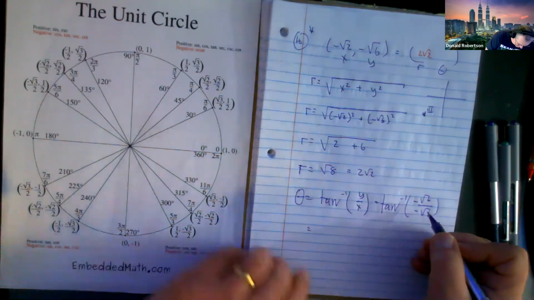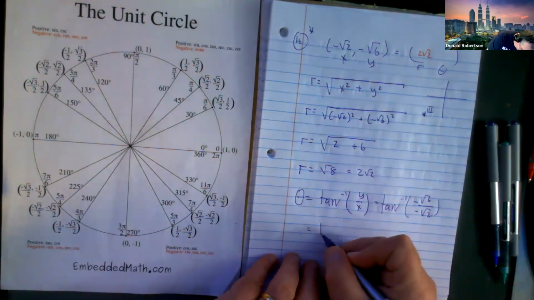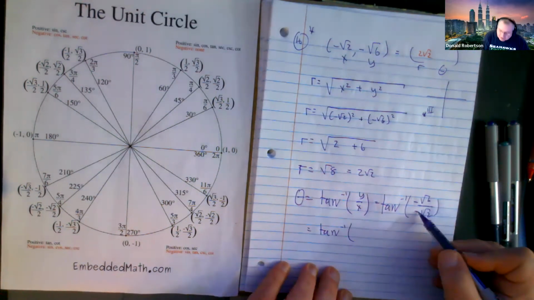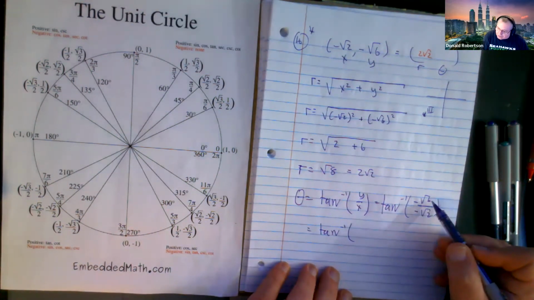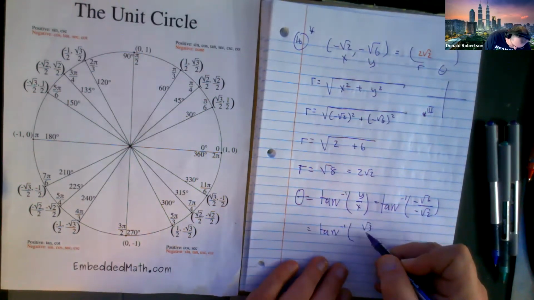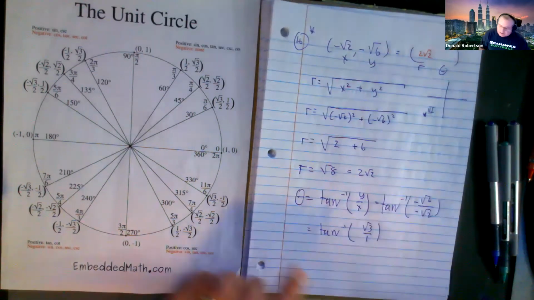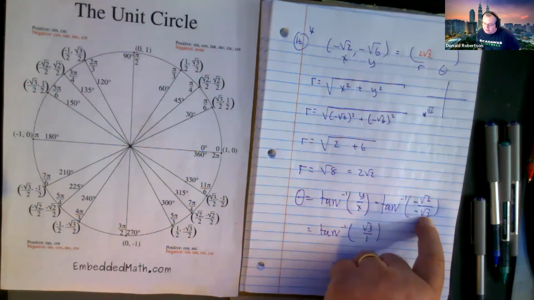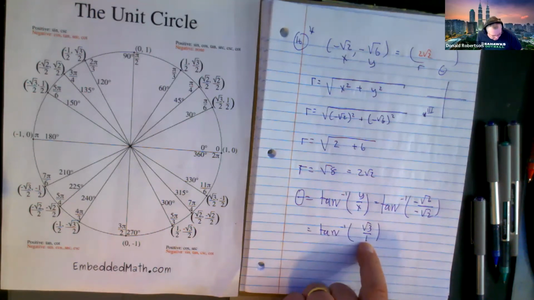That doesn't look anything like these guys, but that's because I haven't simplified it yet. Won't the two negatives make it a positive answer? And won't a square root of 6 over a square root of 2 become a square root of 3? And I'm only putting it over 1 to make it easier to recognize it. Right? So √3, which I'm going to call positive √3 over 1.